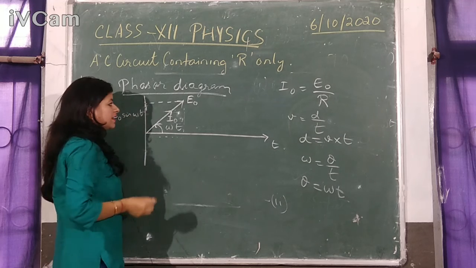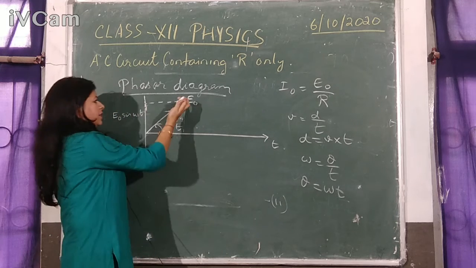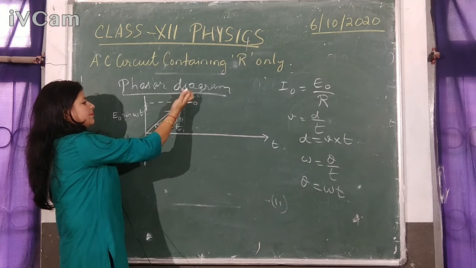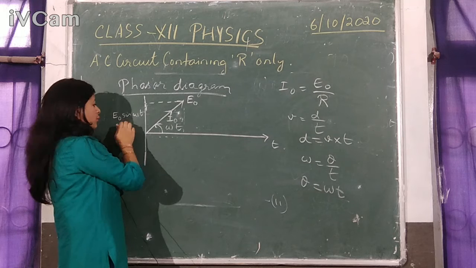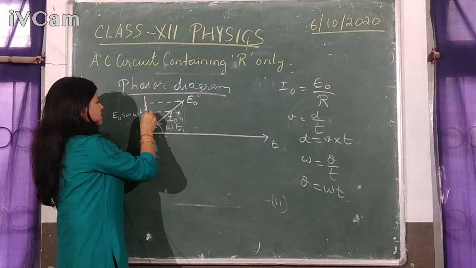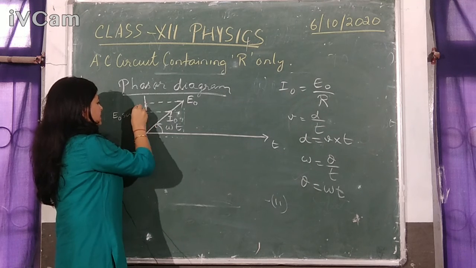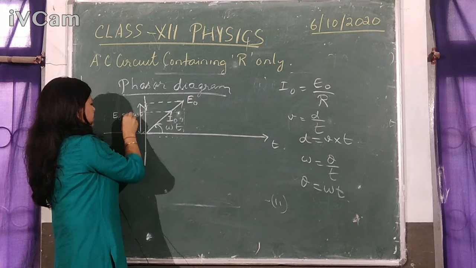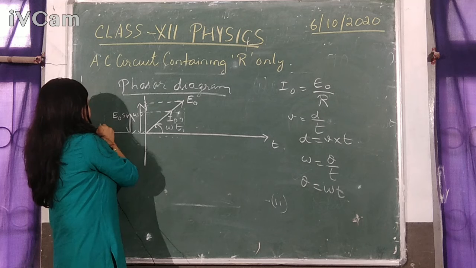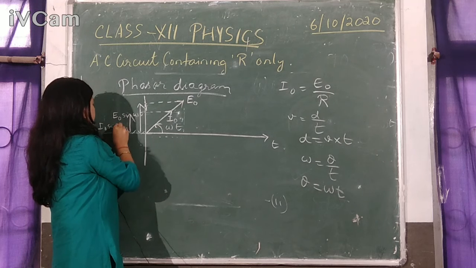So the speciality about this phasor diagram is that if you just draw a projection of this peak value on the y-axis, you are going to get the equation of the wave. Likewise its projection. So this is your E naught sine omega t, and this much is your I naught sine omega t.